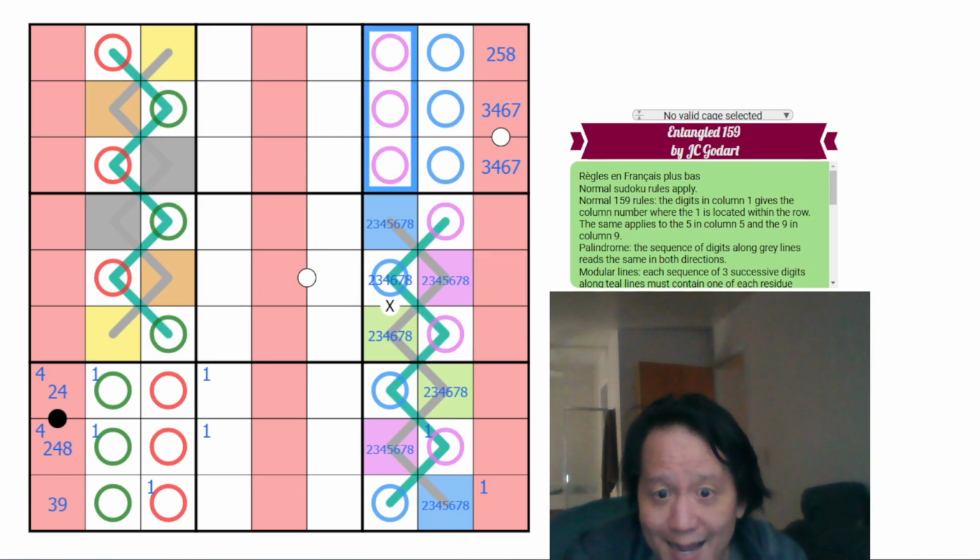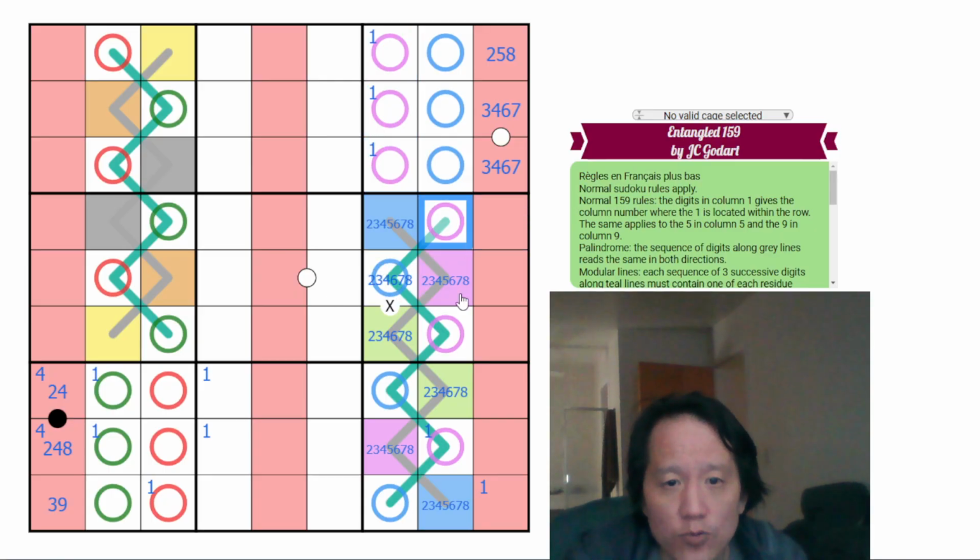So the 1 has to be here. So the 1 is one of the pinks. We don't know which, though. Which means this cannot be 4 or 7 in any of these. So we know the 1 is one of these.